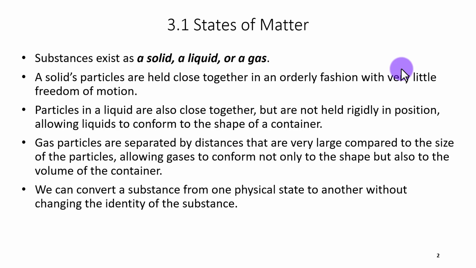It's similar to being in a big crowd: you have very little space to move, so you don't have much freedom, and you kind of move with the crowd. This is the same idea of what the solid particles look like. And we say that the particles have very small kinetic energy, which is the energy of movement, because they cannot move very much.